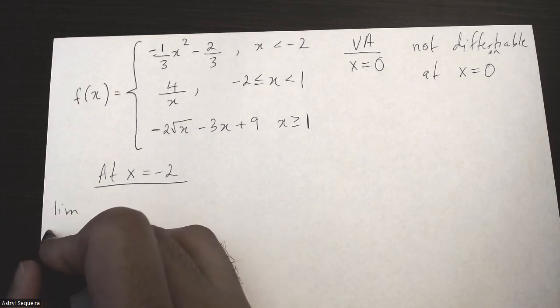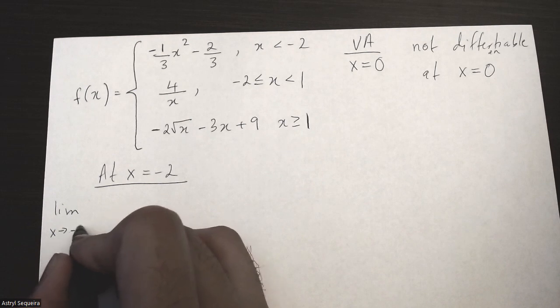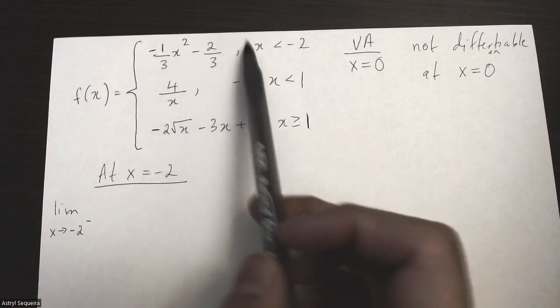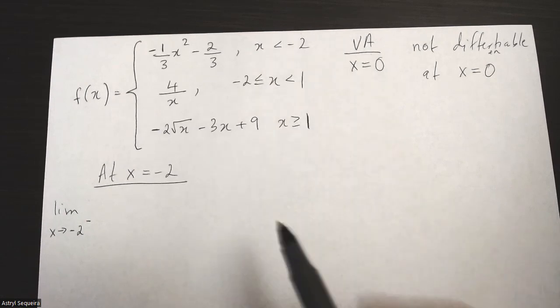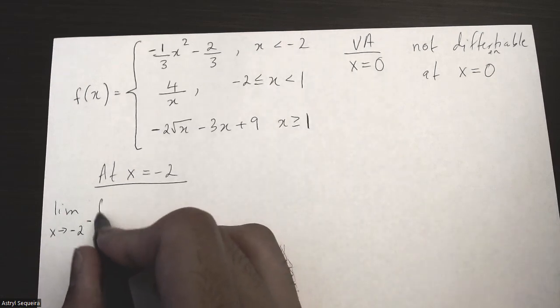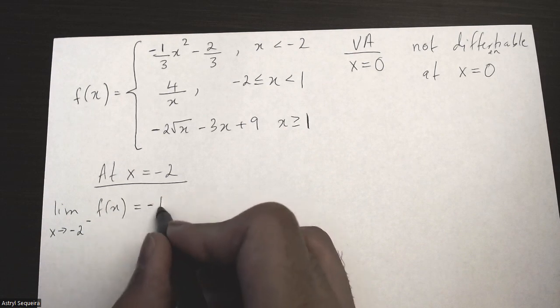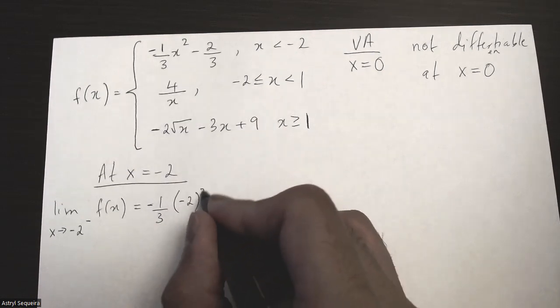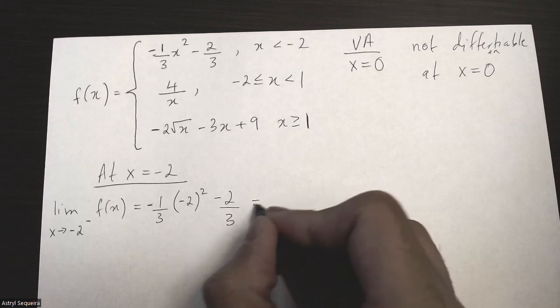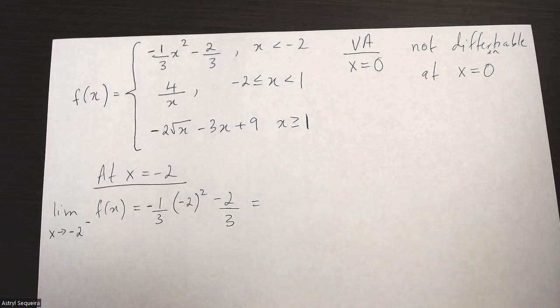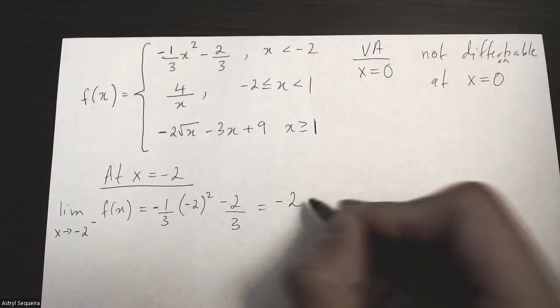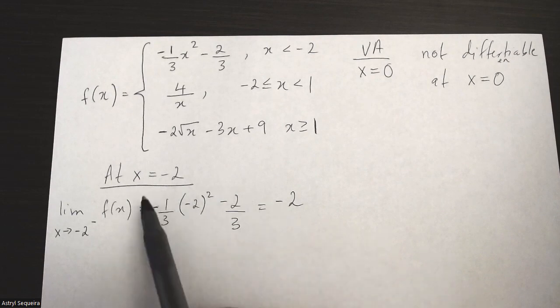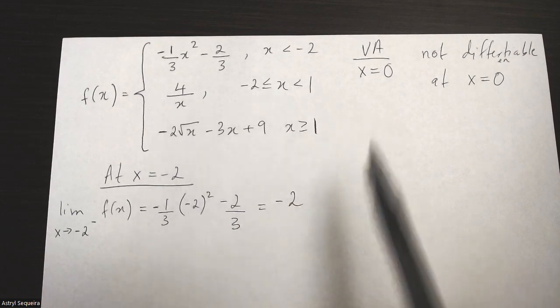The limit as x approaches -2 from the negative side uses the first function, so f of x equals -1 over 3 times (-2) squared minus 2 over 3. I'll do this in my calculator. I get -2.